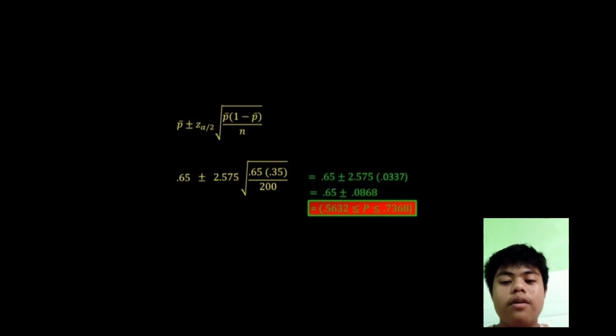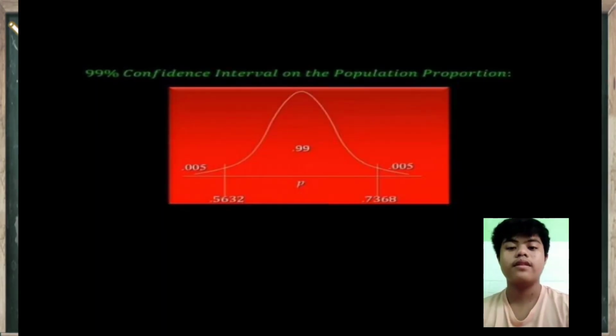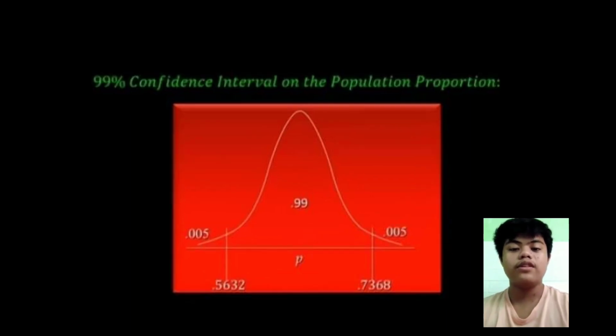So 0.5632 is less than p, which is less than 0.7368. This is the 99% confidence interval on the population proportion.